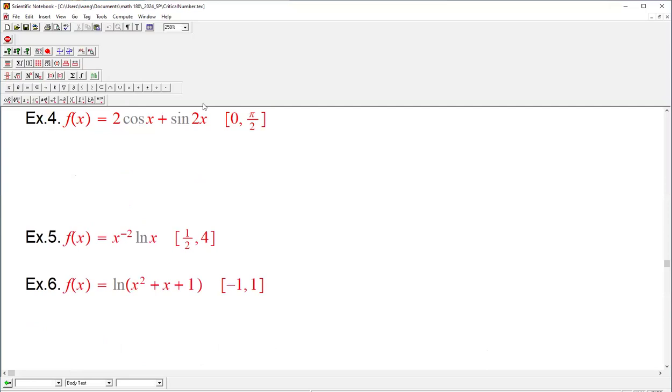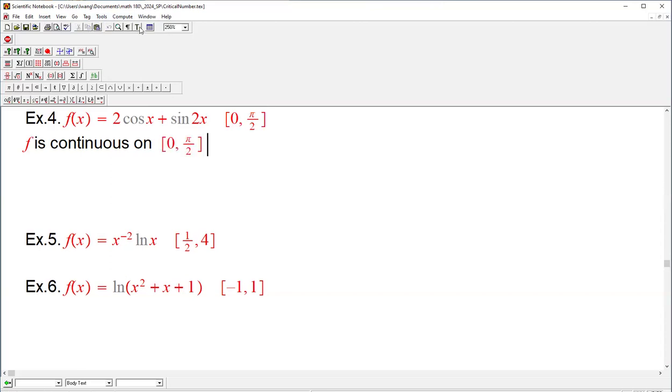Trig function involved. We have a closed interval. Trig functions are continuous everywhere, so obviously we're going to say f is continuous on the closed interval, and thus the Extreme Value Theorem applies.